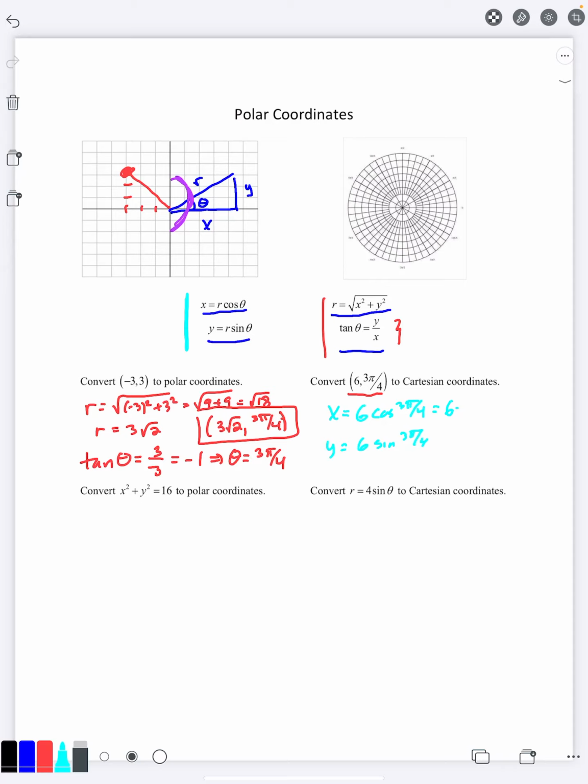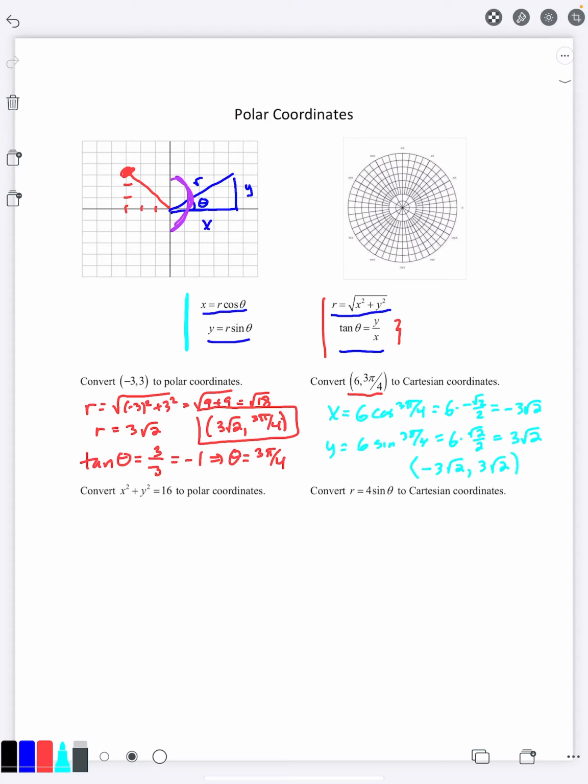Cosine of 3 pi over 4 would be negative root 2 over 2. And sine would be positive root 2 over 2. So we're going to get a -3 root 2 and a positive 3 root 2, which means the point in Cartesian coordinates is this point right here.